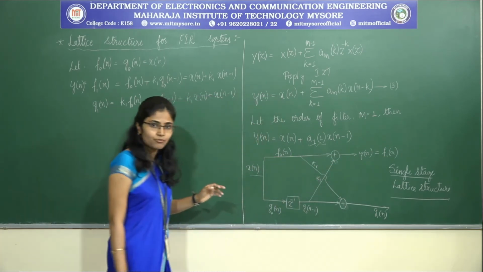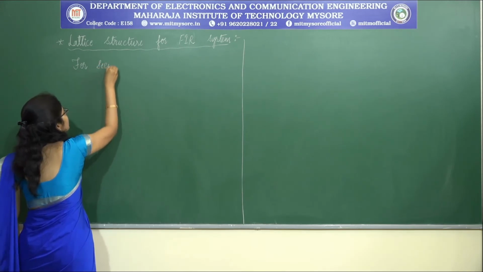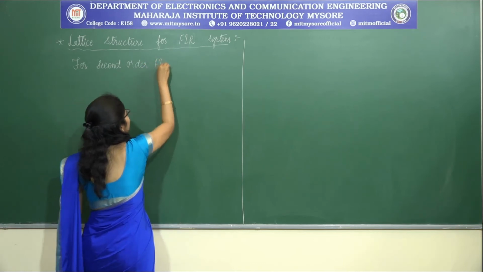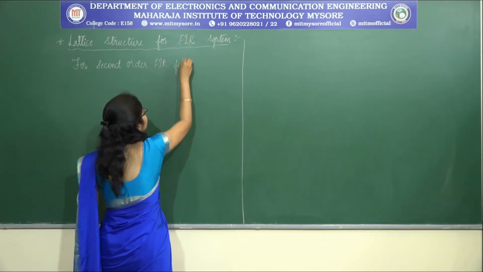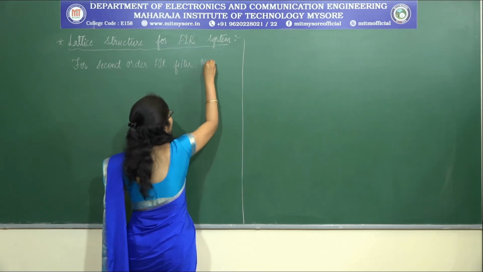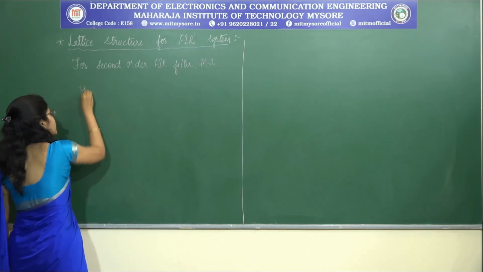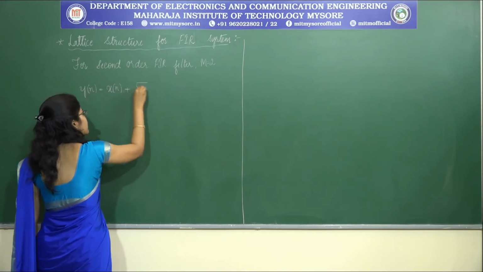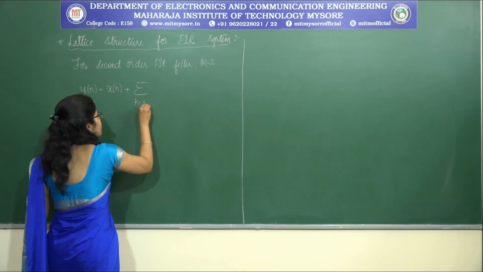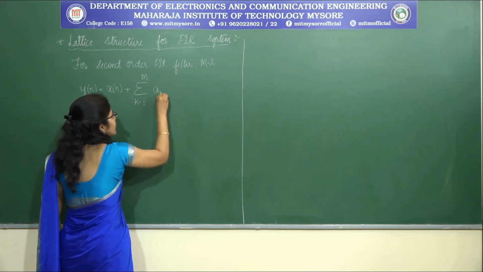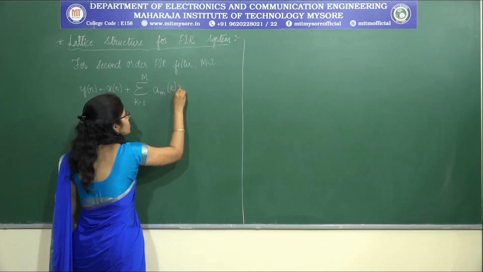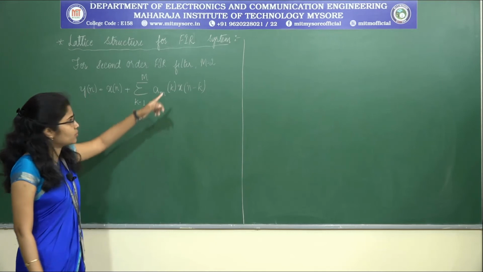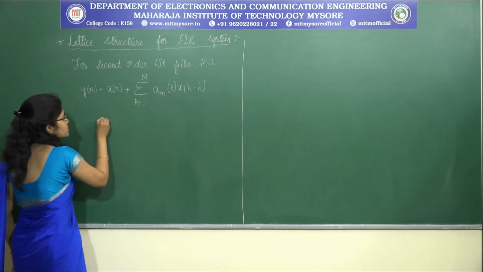Now, let us do the same thing for order 2. For second order FIR filter, m is equal to 2. So, we know the standard equation for y of n, which is equal to x of n plus summation k ranges from 1 to m of a m of k into x of n minus k. Now, the value of m is 2. So, let us substitute in this equation.